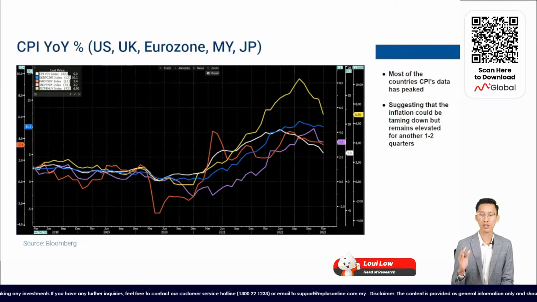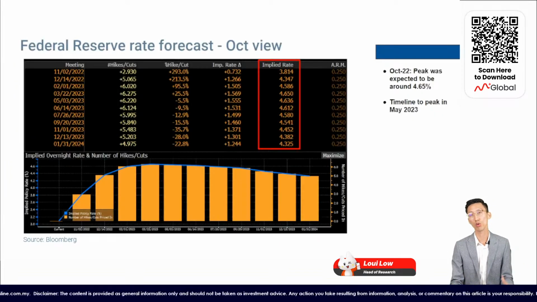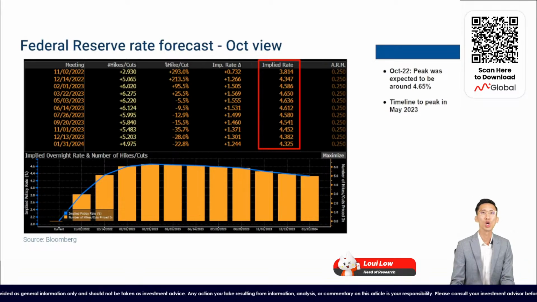Again, we are seeing some peaking of CPI data, and if in the next 1 to 2 quarters we can see this 5% coming off towards 2%, then perhaps this will be the end of the story for the Federal Reserve increasing their interest rate, because next week we are going to anticipate another 25 basis point increment in the interest rate.